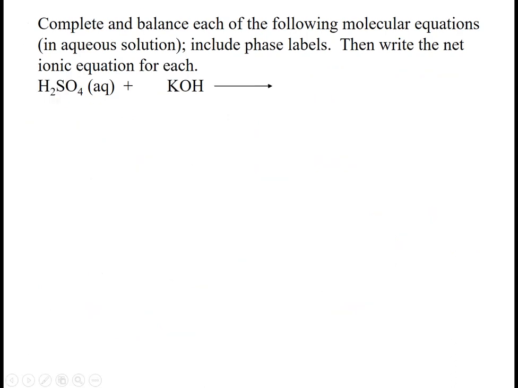I have one more example here of sulfuric acid plus potassium hydroxide. I forgot to write the aqueous here when I typed this in. This one's also aqueous. So the H plus is going to go with the OH minus, so I have HOH, which of course is water and is a liquid, plus I have SO4 and K. K has a positive 1 charge, SO4 is a polyatomic ion with a 2 minus charge, so this becomes K2SO4, and that's aqueous.